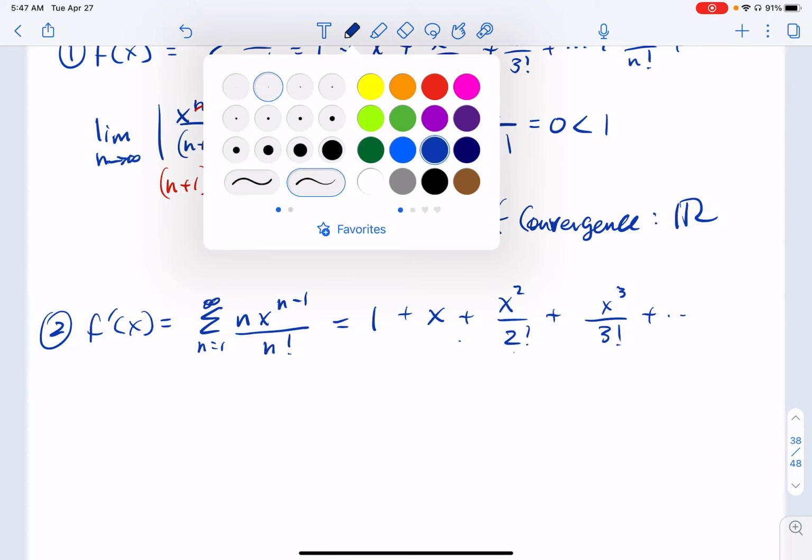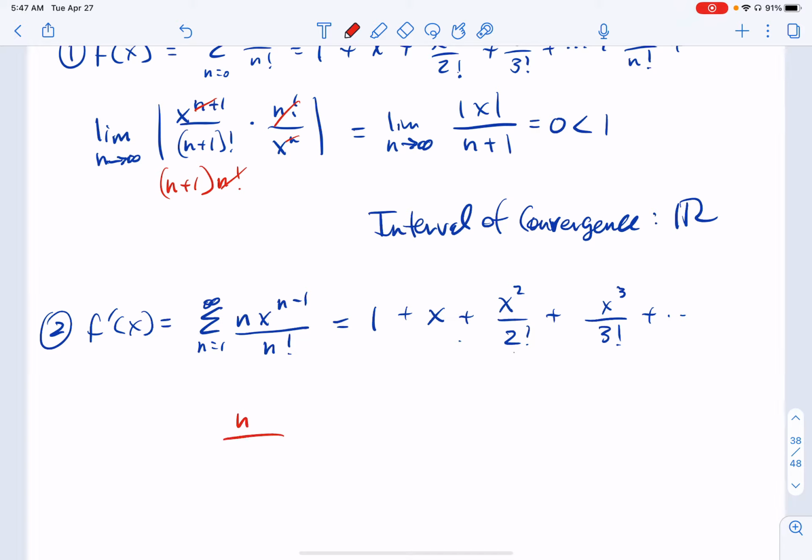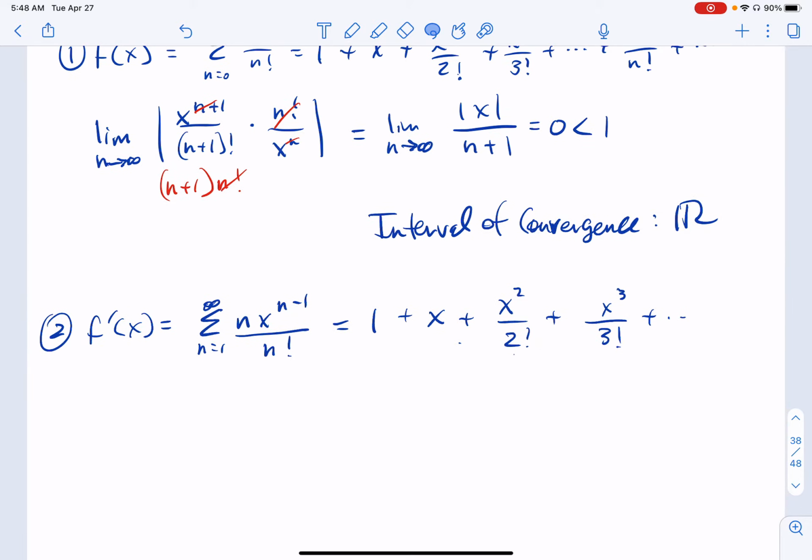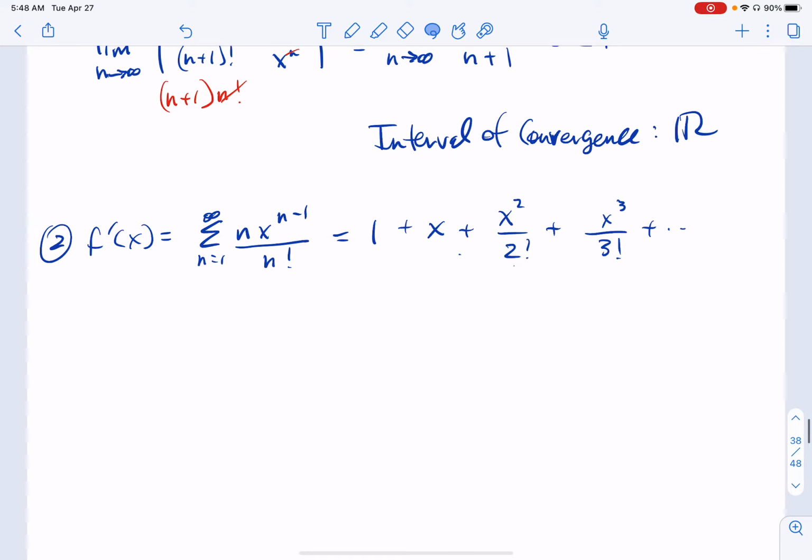Just like right underneath here, in n over n factorial, you can rewrite n factorial as n times n minus 1 factorial, and then your n's cancel. So I'm going to rewrite that. This way the power and the factorial exactly match up.